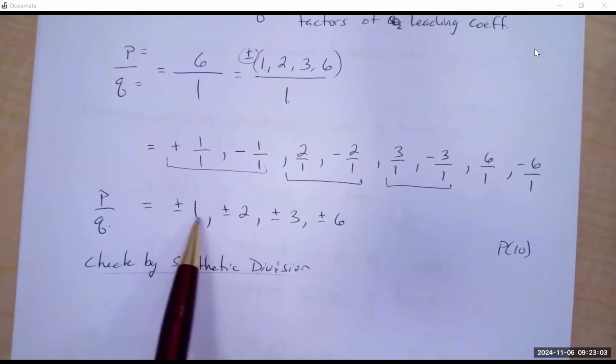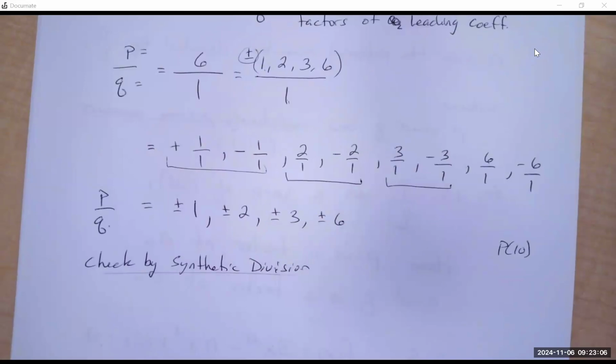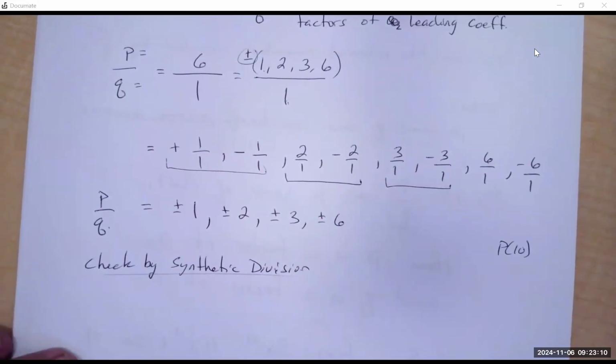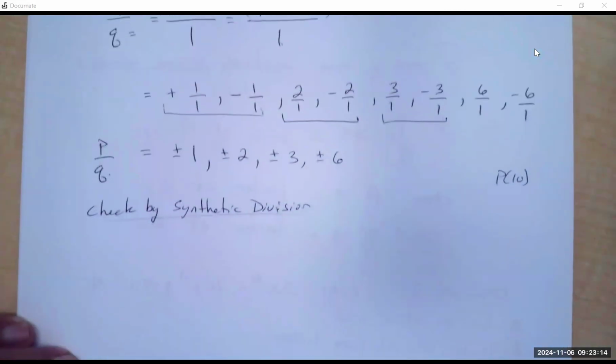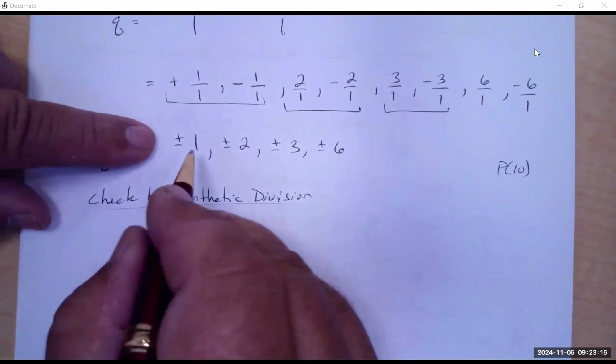So all we have to do is go through these 8 possibilities until we find how many answers do we need? Until we find our 2 answers. So let's start with positive 1.